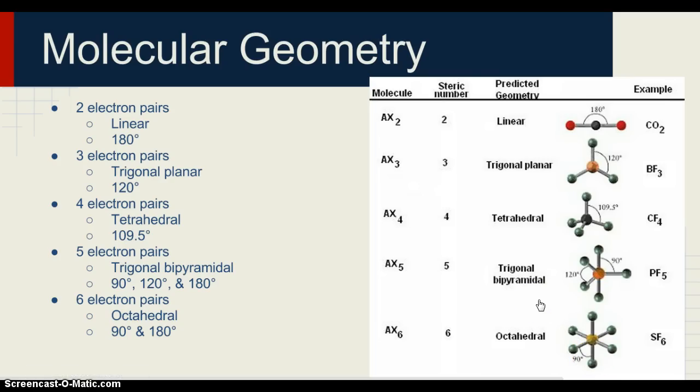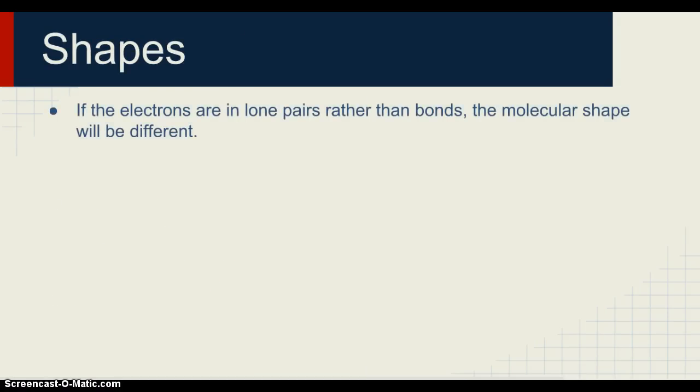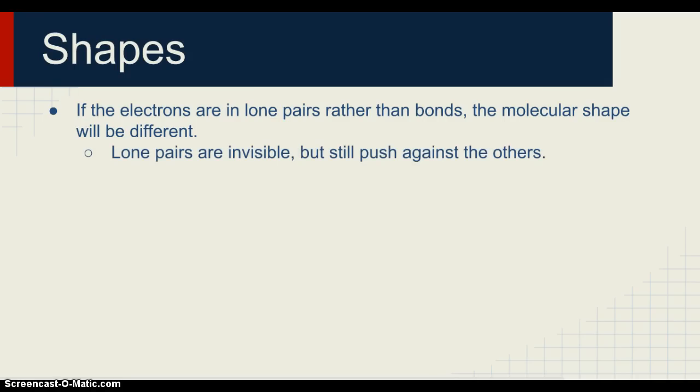But there's still a little bit more that we have to talk about because these lone electron pairs are going to influence not molecular geometry, but something that we're going to call the shape. Because if the electrons are in lone pairs rather than bonds, the shape is going to be different.